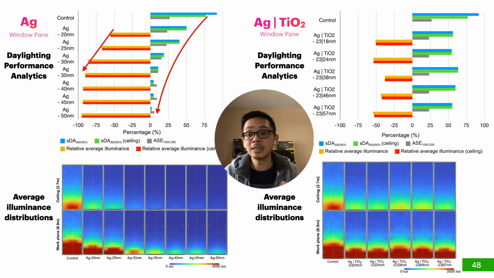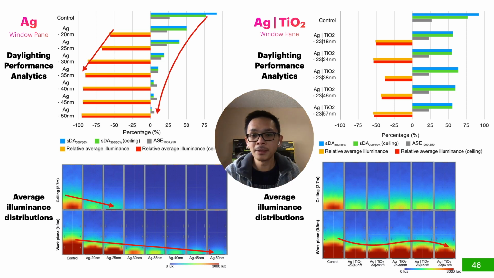This is attributed to the higher reflectance of the AG films, which results in a reduction of the average illuminance, as well as the lux distribution in the indoor space. However, for multi-layers, the reduction is not as obvious as for the AG single-layer films, but they still have some degree of reduction.